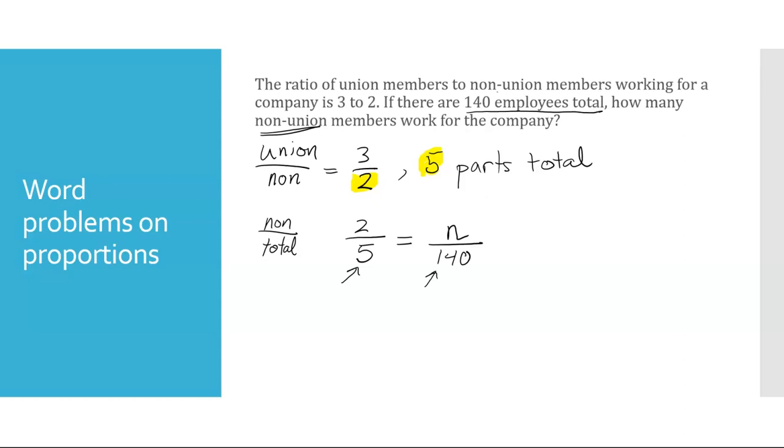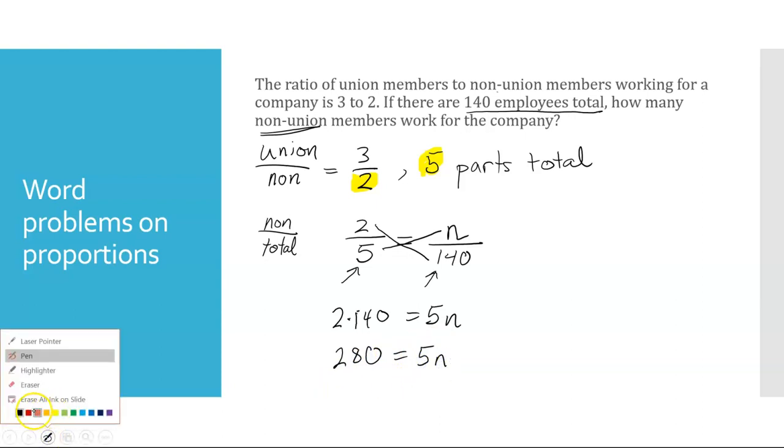We can solve proportions by cross multiplying. So I will multiply diagonally across this way, get 2 times 140, and then that equals multiplying diagonally across the other way, 5 times n. So we have 280 equals 5n. Since the 5 is multiplied in, I'm going to divide it out.